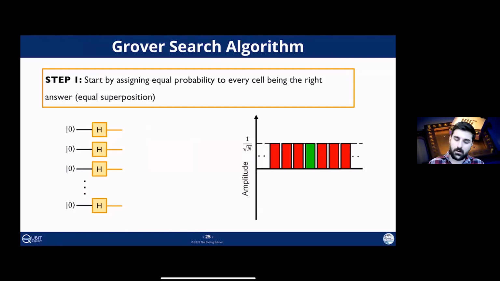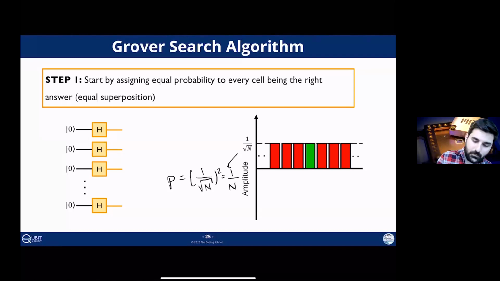If you remember, this probability amplitude corresponds to a probability of the amplitude squared, which is 1 divided by n, where n is the total number of elements that we're trying to search over. So that is the difference between probability amplitude and probability.